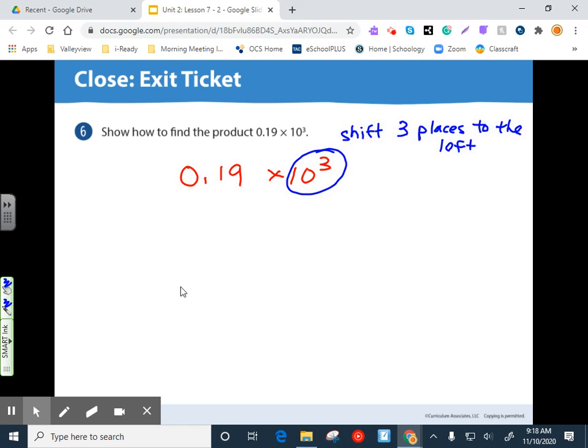So that means this 1 in the tens place is going to go to the ones, to the tens, to the hundreds. And that means we'll put a 1 in the hundreds, a 9 in the tens, and we'll put a 0 here. So our answer is 190. Pretty straightforward.